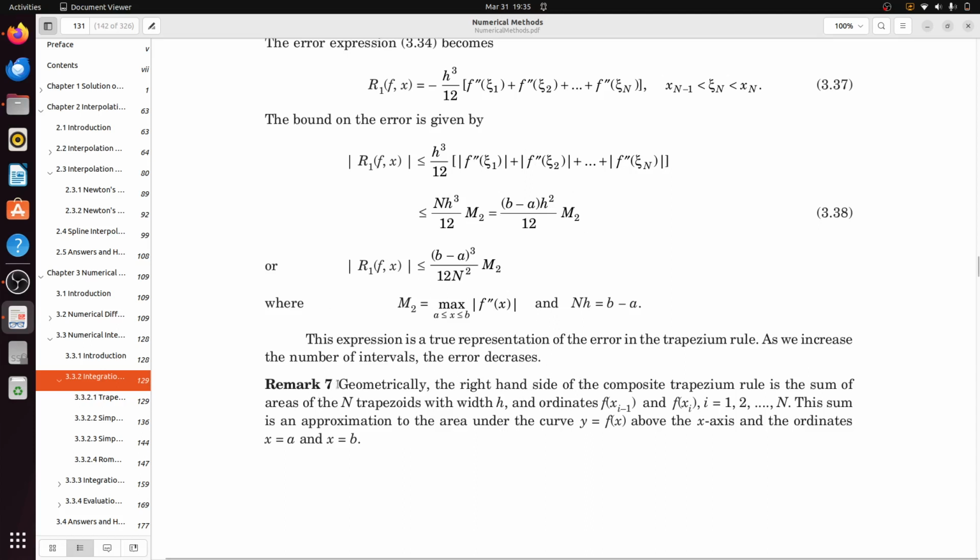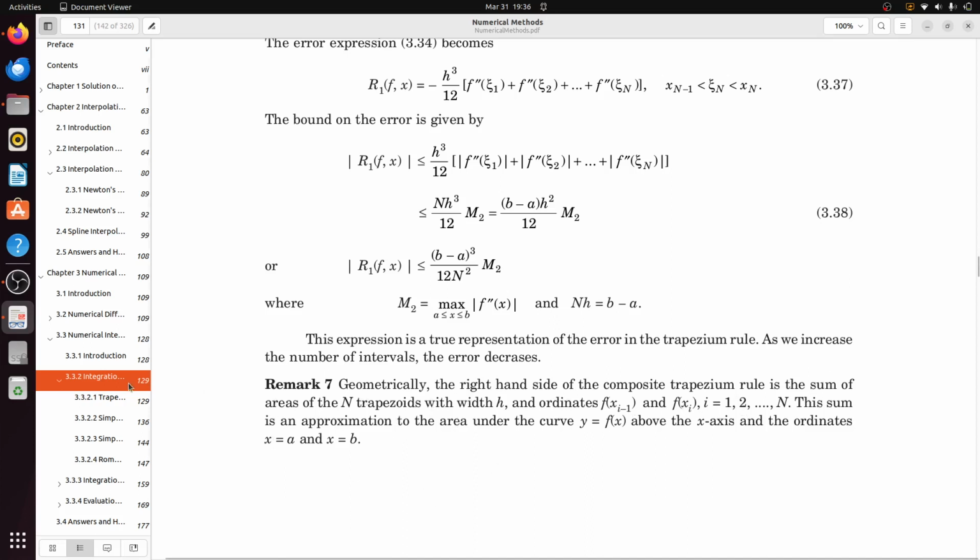So what does it mean geometrically? Geometrically, the right hand side of the composite trapezoidal rule is the sum of the areas of n trapezoids with width h and these ordinates.